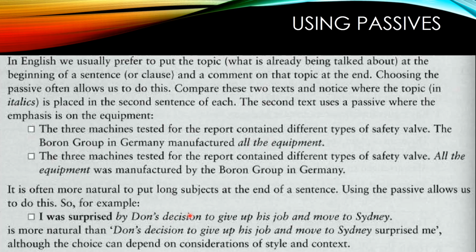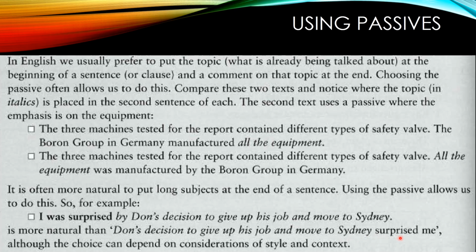So it is more natural to put a long subject at the end of the sentence. When we use the passive, we can do it. So this sentence, I was surprised by John's decision to give up his job and move to Sydney, is more natural than John's decision to give up his job and move to Sydney surprised me.